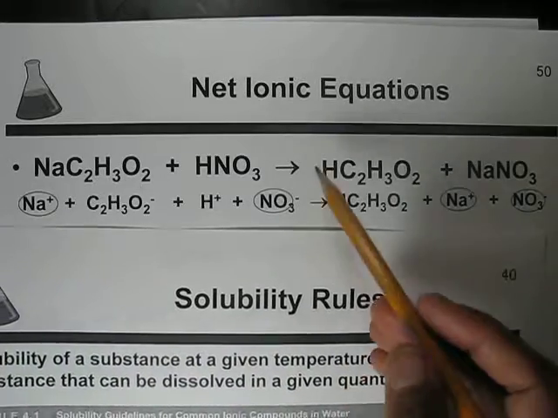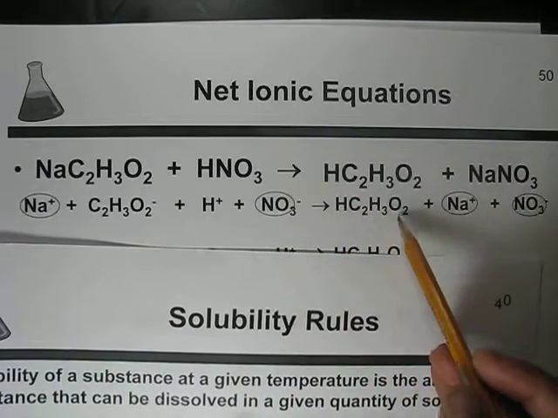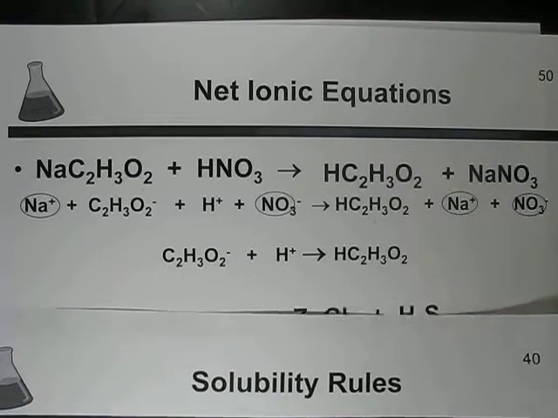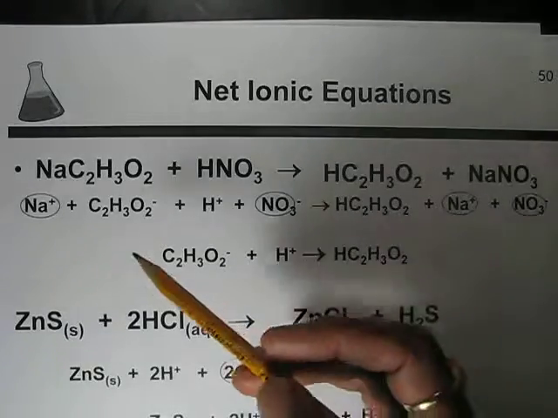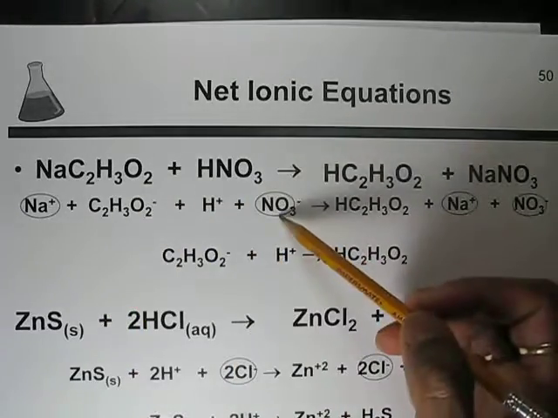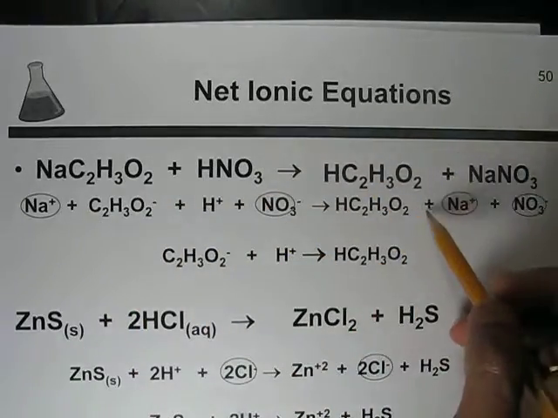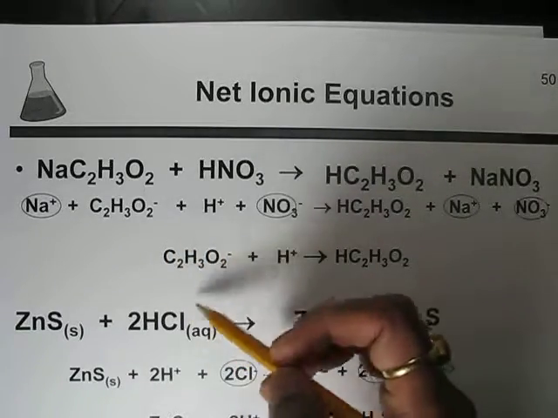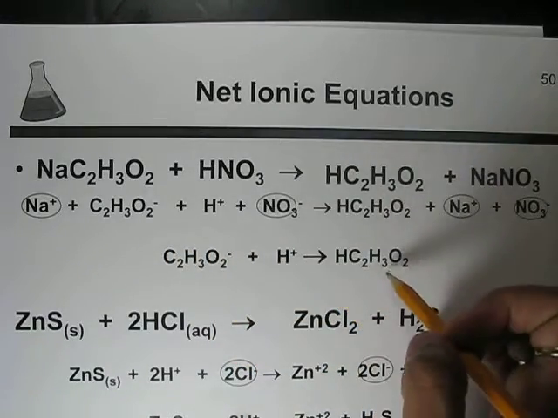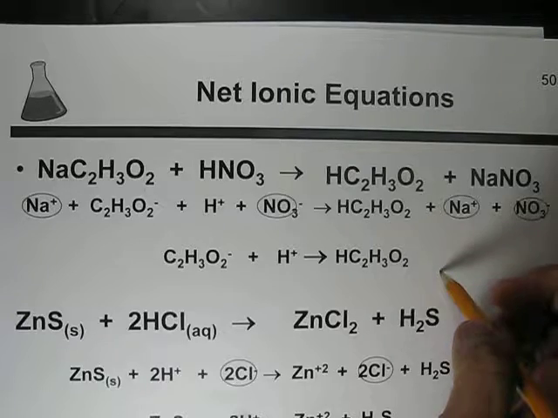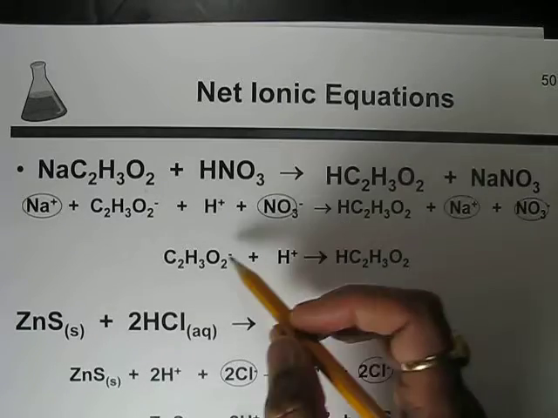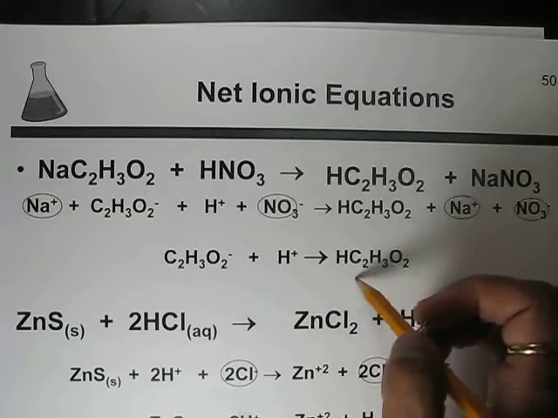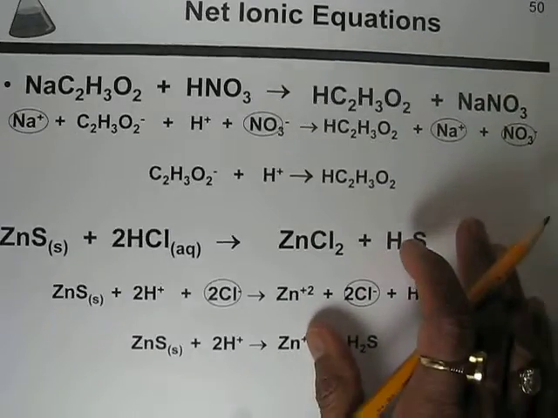For this reaction you have to consider which acid is weak and which is strong. Sodium and nitrate are the common spectator ions on both sides, so we cancel them out, and the net ionic equation will be acetate ion plus hydrogen ion produces acetic acid.